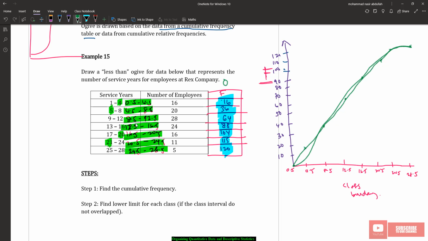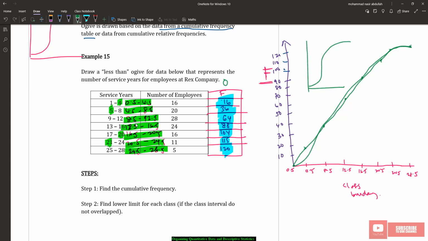Right? So this is what we call an ogive, right? But this is not accurate because I'm drawing freehand. So if you are doing it on graph paper, you will supposedly see a shape like this. And the best way to draw a less than ogive, you need to have a flexible ruler, right? So you can graph it properly.